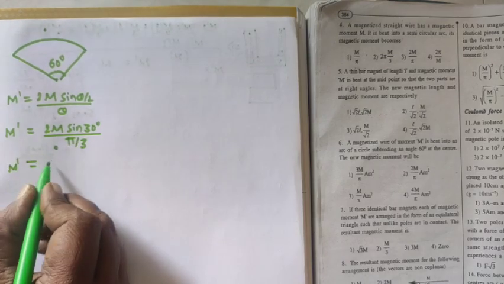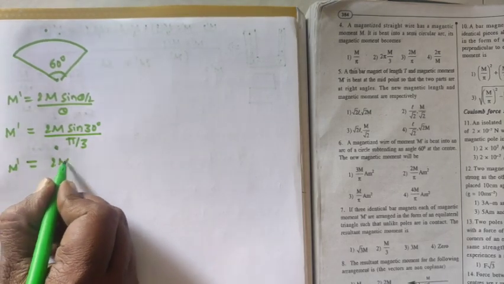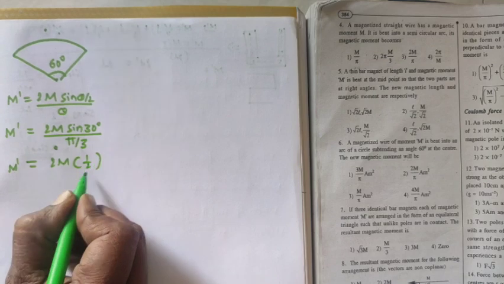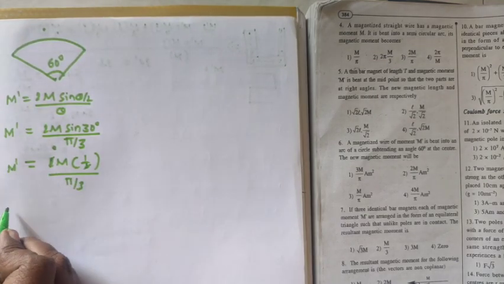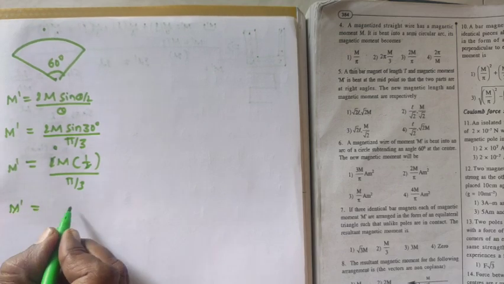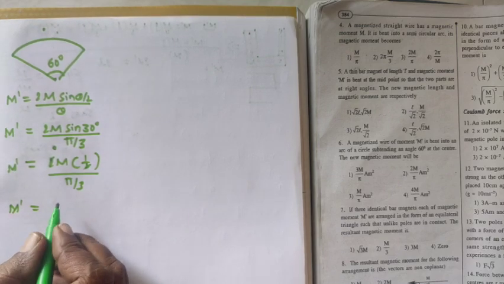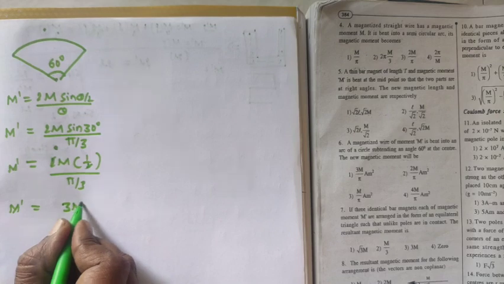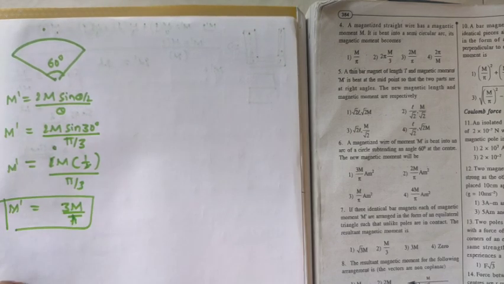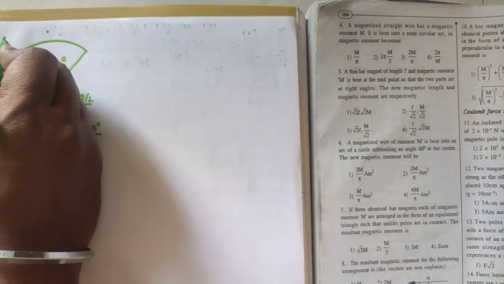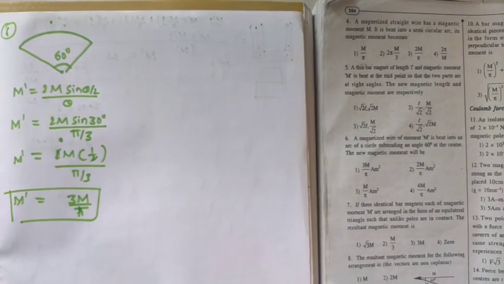M dash is equal to sine 30 means 1 by 2. Here it is pi by 3. Two terms will get cancelled out here. M dash is equal to M divided by pi by 3, or 3M by pi. This is the required answer for the sixth question here. We'll go for next one.